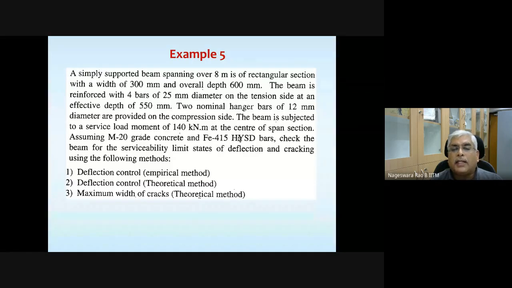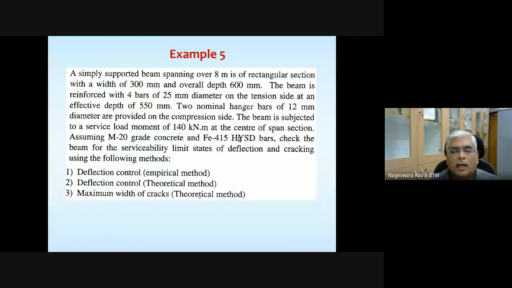And the beam is subjected to a moment of 140 kilonewton meter at the center of the span. Grade of concrete is given, grade of steel is given, and you are asked to check the serviceability limits. You need to calculate deflection.